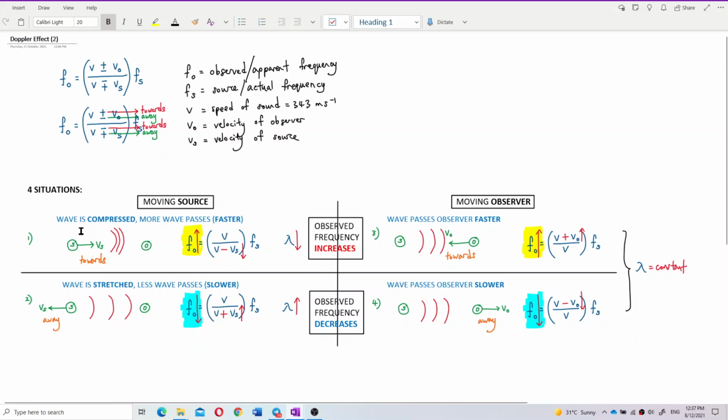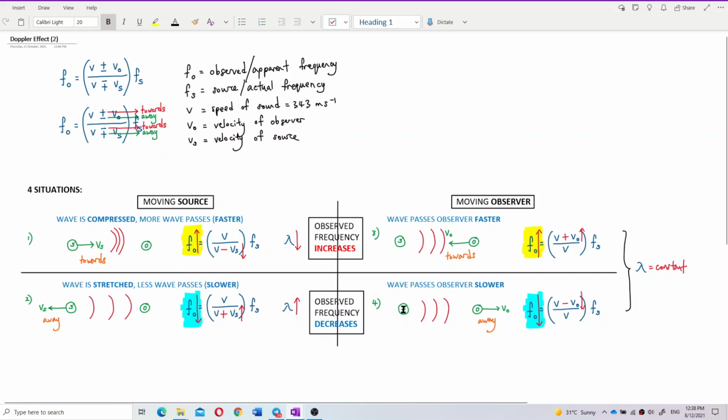To make the observed frequency decrease, Vs at the bottom we plus, Vo at the top we minus.